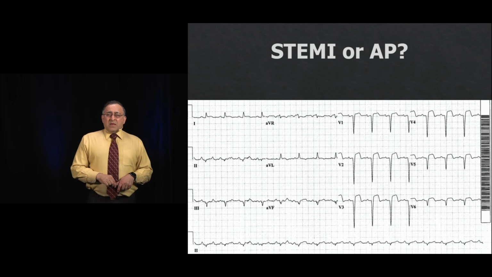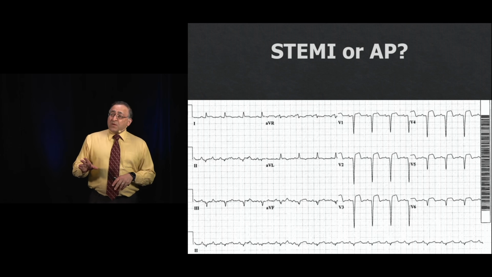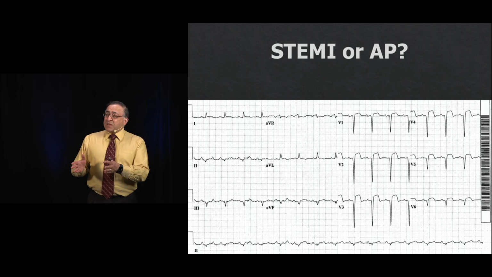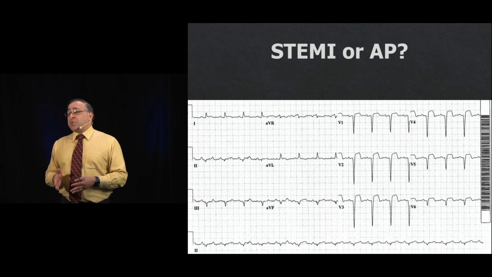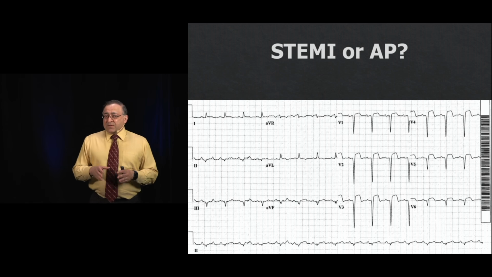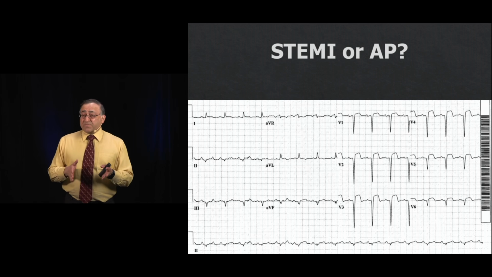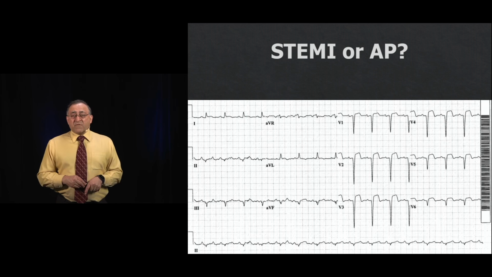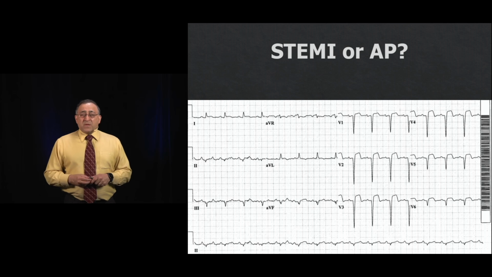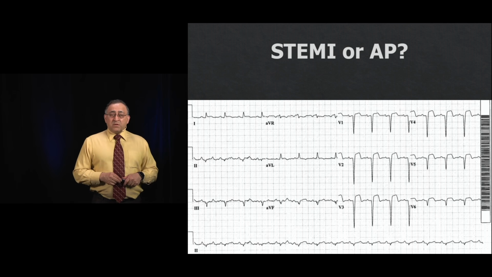All right, how about this one? This patient has huge Q waves, but again, be careful about these Q waves. Don't assume that Q waves equal STEMI unless you know that they're brand new today. Maybe this patient's had Q waves that look like this for quite some time. So Q waves are not good enough, but are there any other things? Well, let's ignore AVR and V1. Do you see ST depression in any of your other 10 leads?